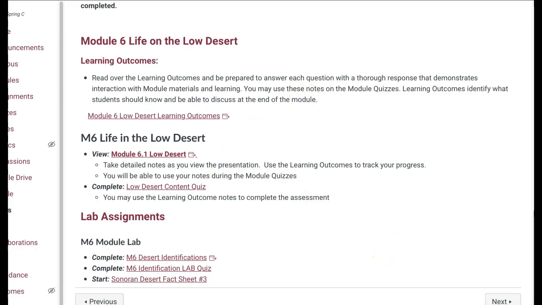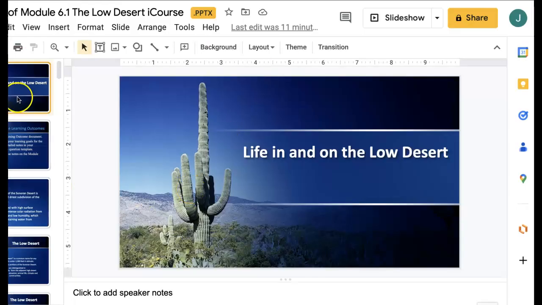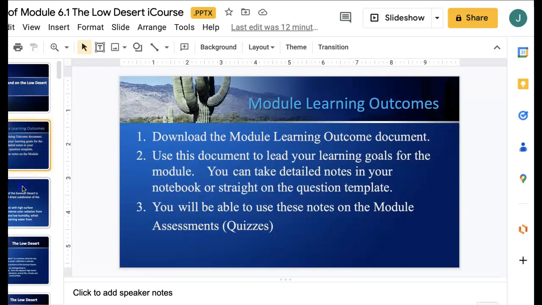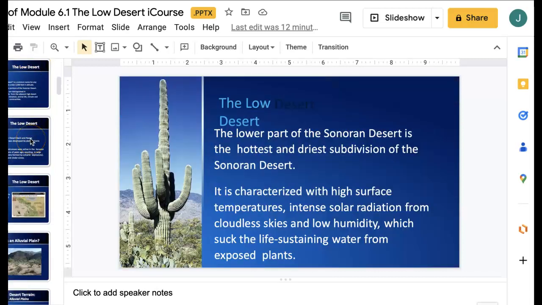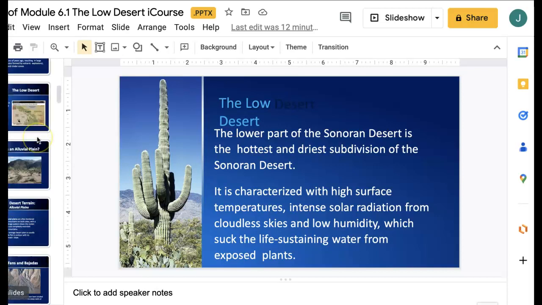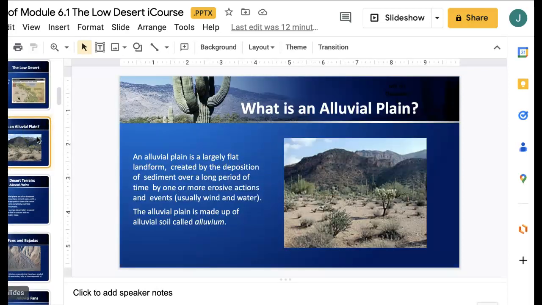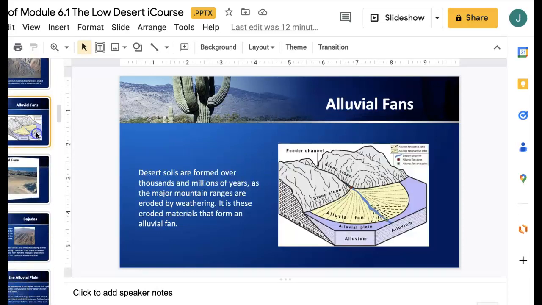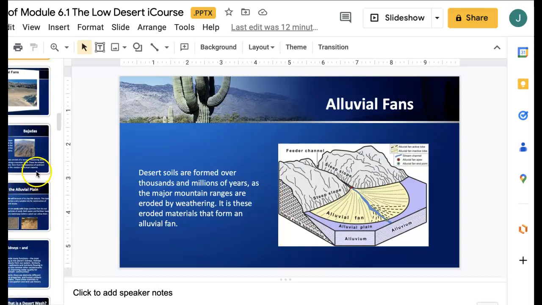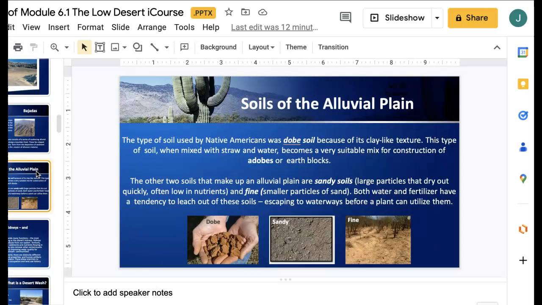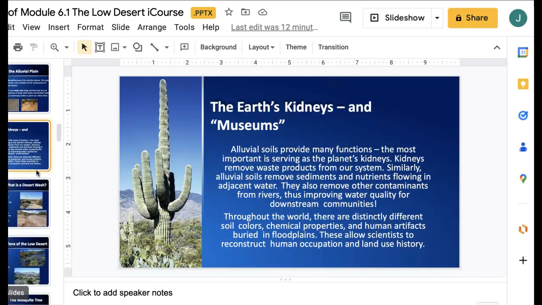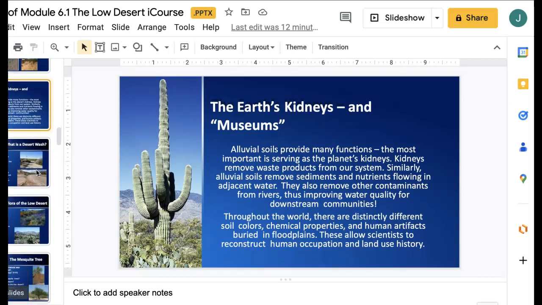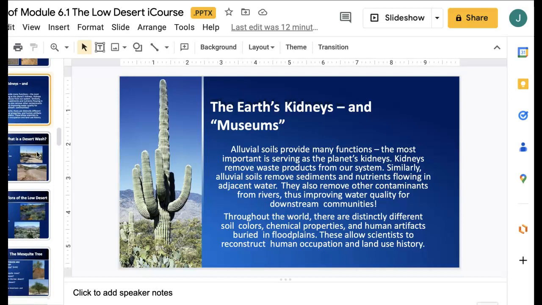So don't forget to view your Module 6 content, and you can see here, these are the module slides, and you can see here that it goes into what the low desert is, first of all, the alluvial plain and how that connects to it, the soil that's found here, alluvial fans, goes into bajadas, the different types of soil, really going into why they are so important, the functions of the alluvial fans, and the analogy here is that they are like Earth's kidneys and museums.